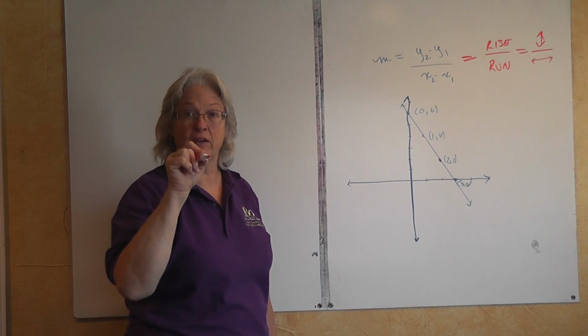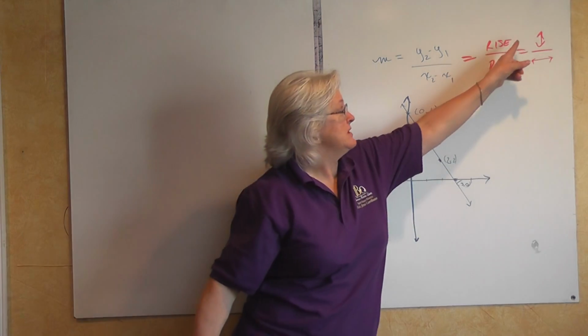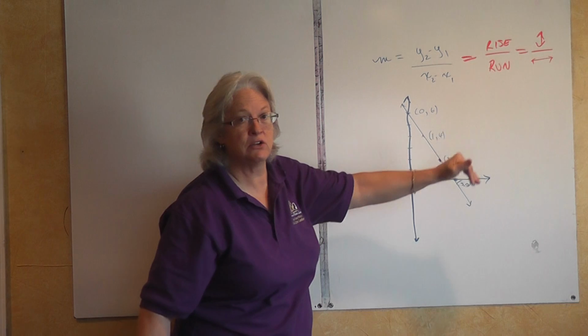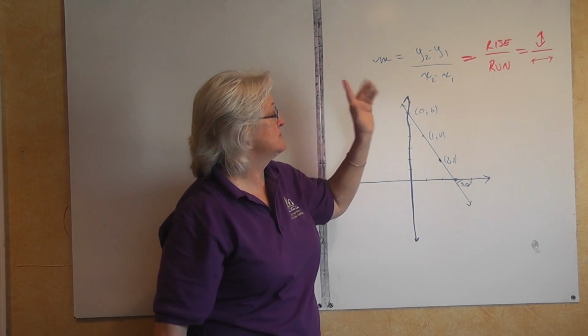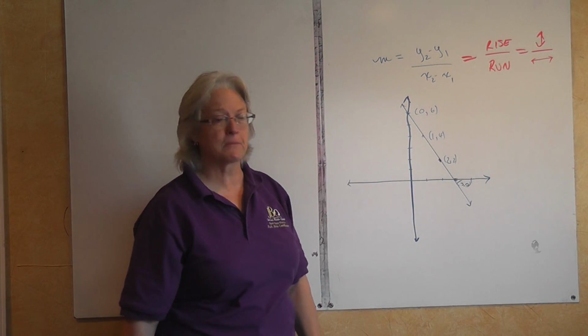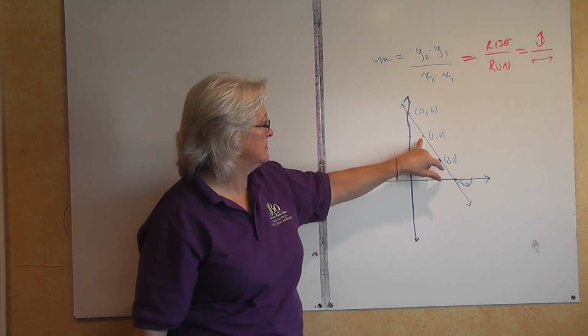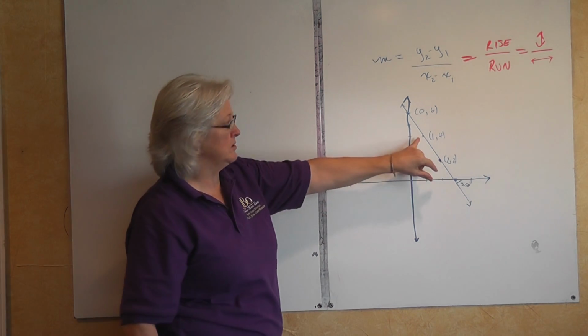That little up and down arrow, back and forth arrow, just means our change in y. Is it a negative change? Is it a positive change? Is it going up or down? Is it moving to the left or the right? And we chose to determine that this slope was a negative 2 when we use these 2 points.